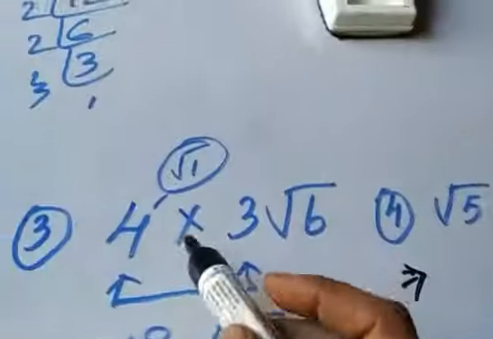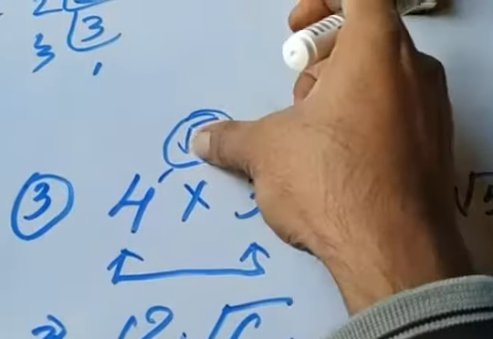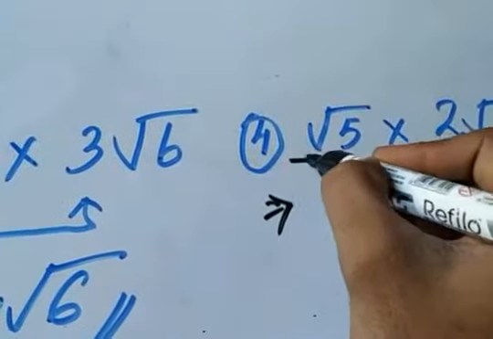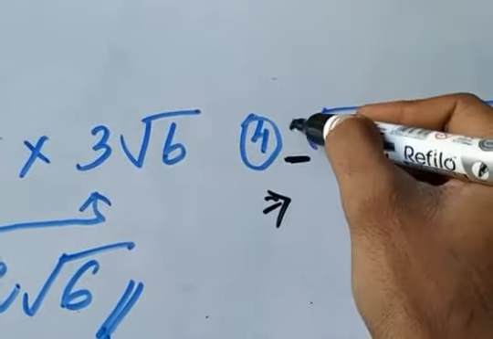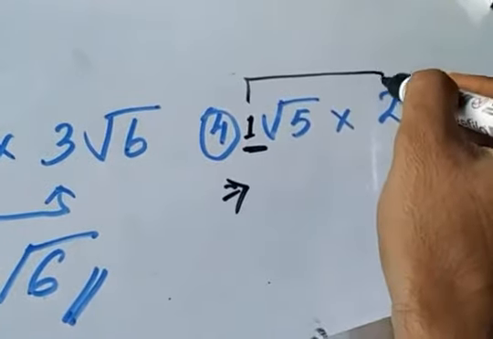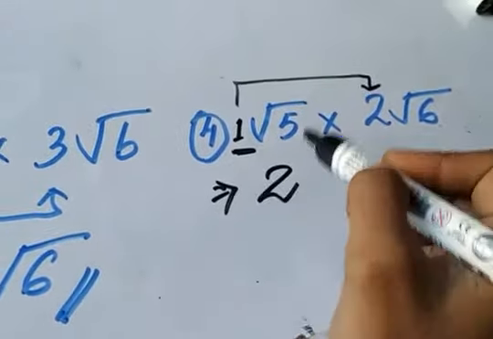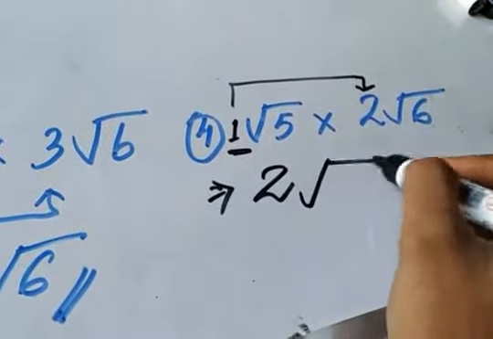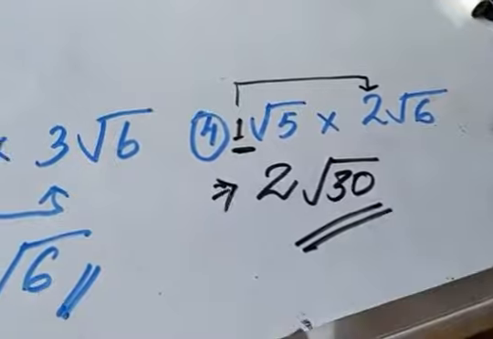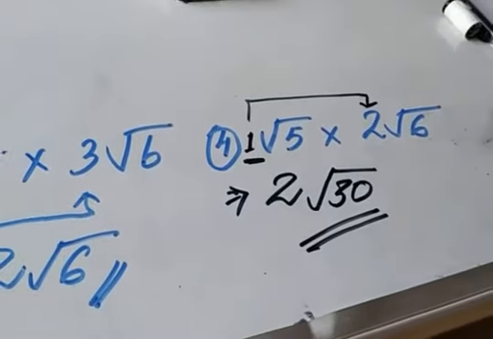Here there is no number, so you should know the number is always 1, even if it is not written there. So it will be number with the number: 1 into 2 is 2, and root into root, you multiply 5 into 6, which is 30. That would give you 2 root 30. So that is multiplication. I hope that is clear.